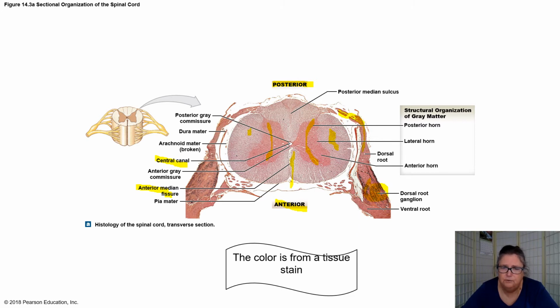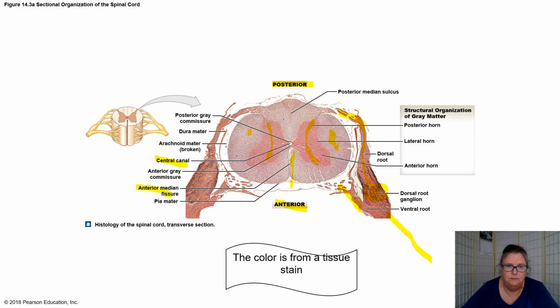There's the dorsal root ganglion with the cell bodies of those axons. All right. Ventral root. So you can see that these roots are short, and then the nerve itself will be coming off this way, and it will be a mixed nerve having both motor and sensory functions.